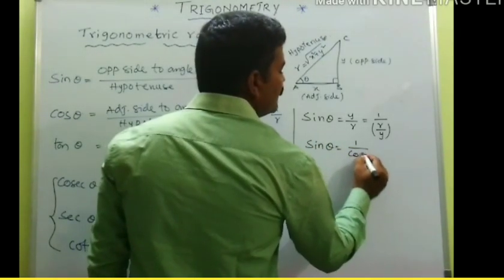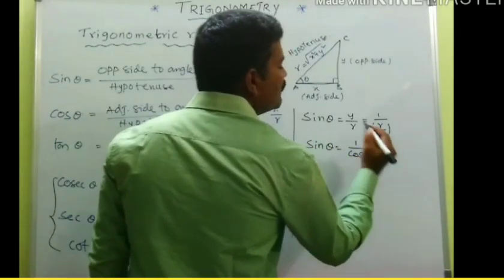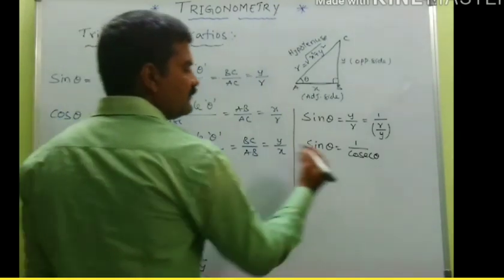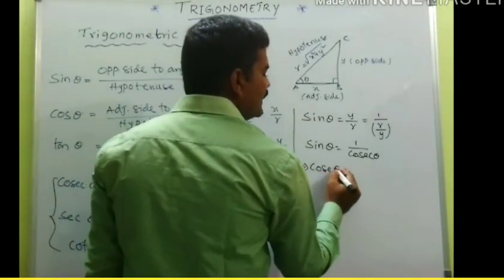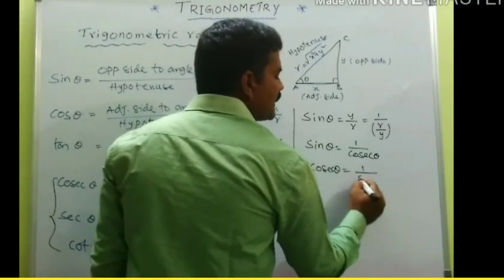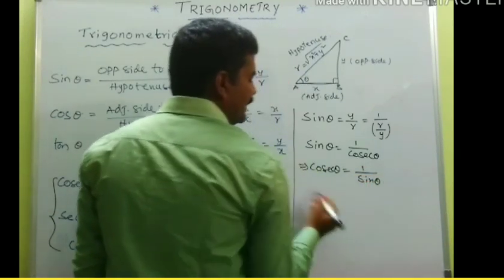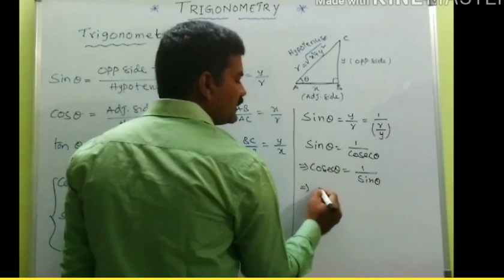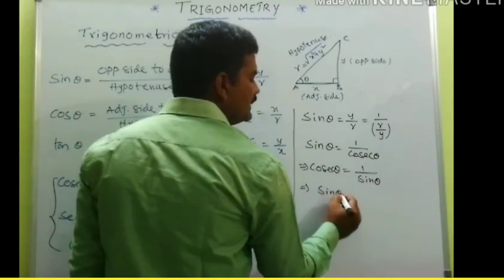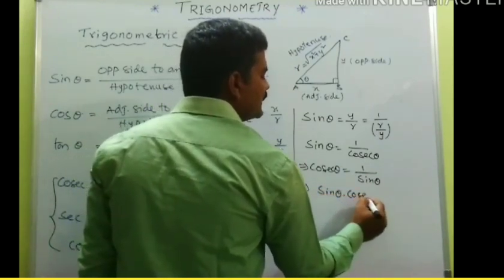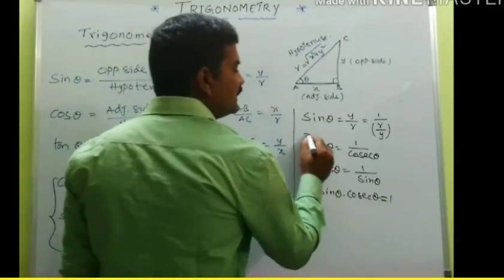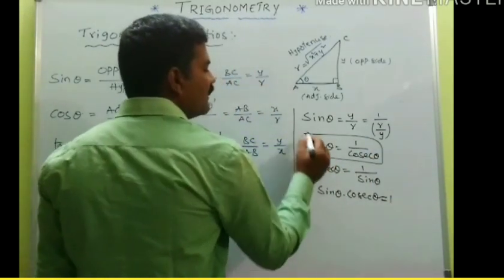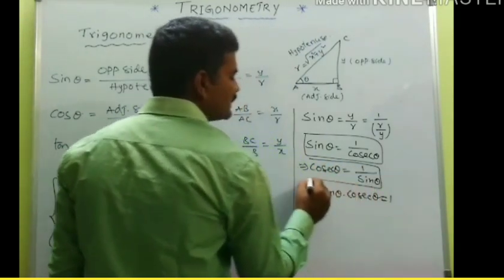So sin theta we can write as 1 by cosecant theta. Similarly, cosecant theta we can write as 1 by sin theta. And the product of them, sin theta into cosecant theta, is equal to 1. So these are the three results we can find from this.